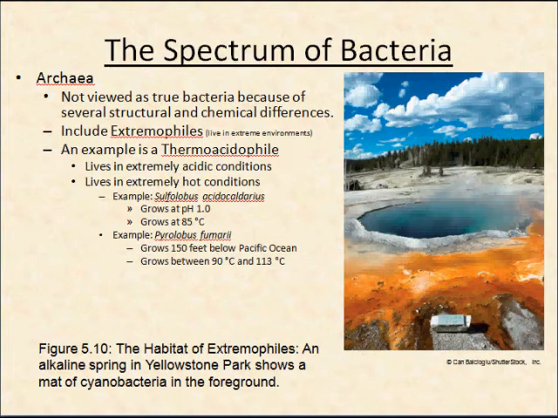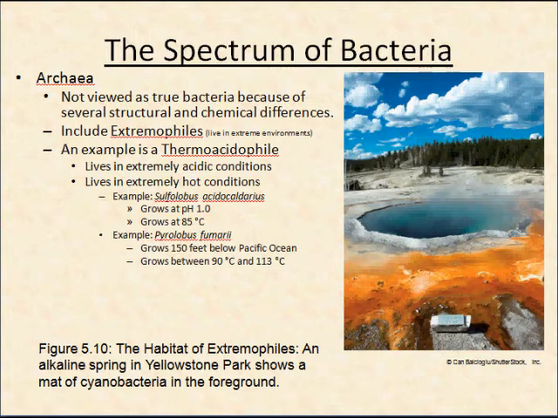We have the thermoacidophile, which lives in very acid conditions that are also quite hot, such as hot springs. Sulfolobus acidocaldarius, which grows at a pH of 1. That's getting real close to stomach pH, and it grows at 85 degrees centigrade, which is just a little bit below boiling temperature.